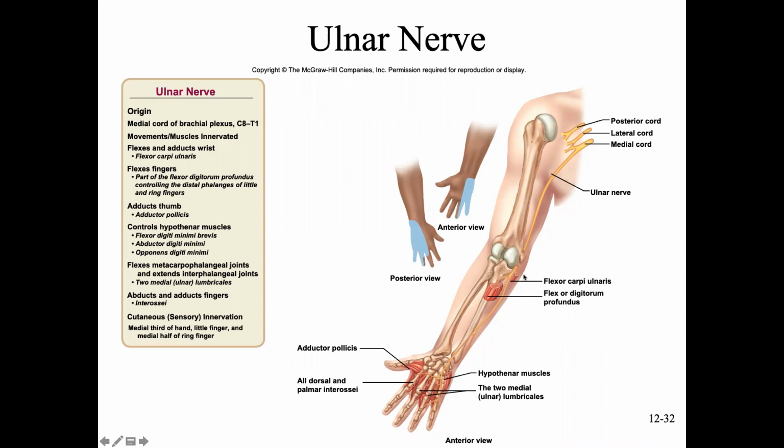Well, those are going to be from the ulnar nerve. Flexes metacarpal joint, abducts and adducts fingers, flexes fingers, flexes wrist, right? So those are the important things about ulnar nerve. And because the ulna is pinky side, you can see that it makes sense that all the cutaneous sensations are on the pinky and the outer edge of our ring finger side.